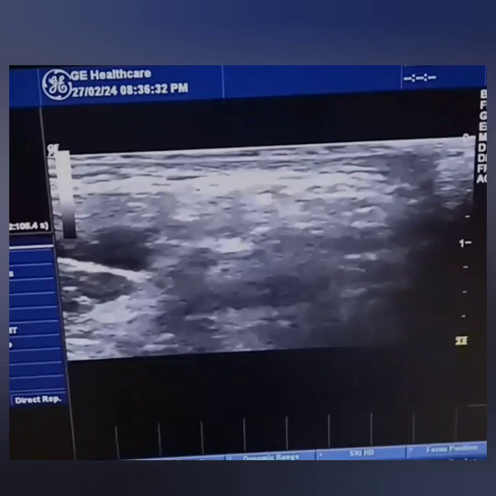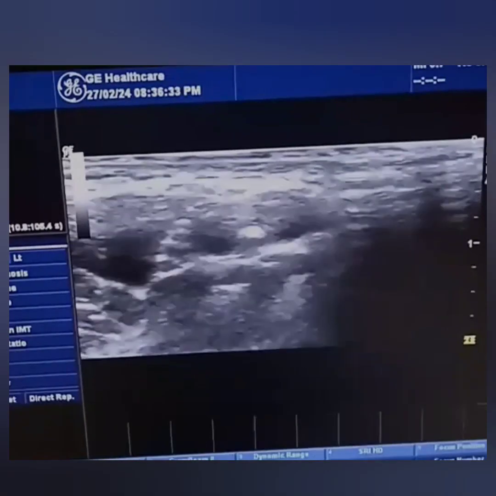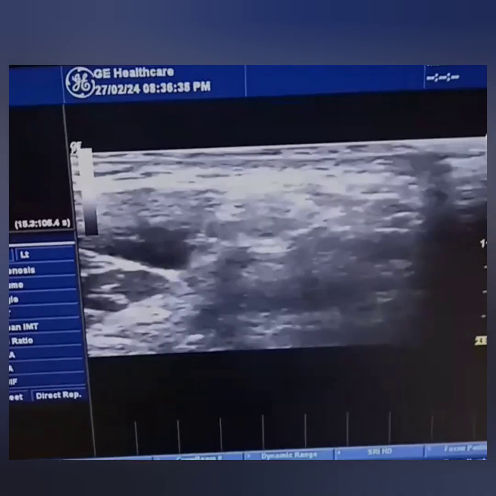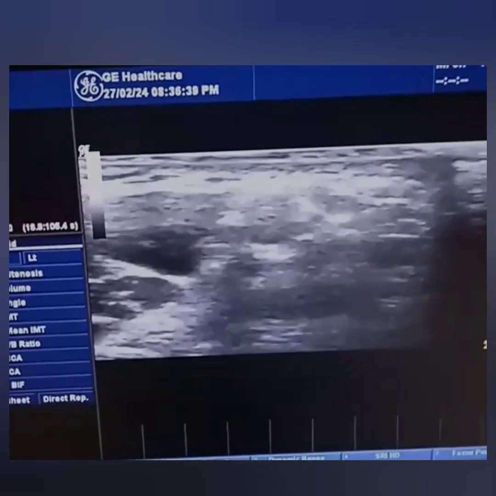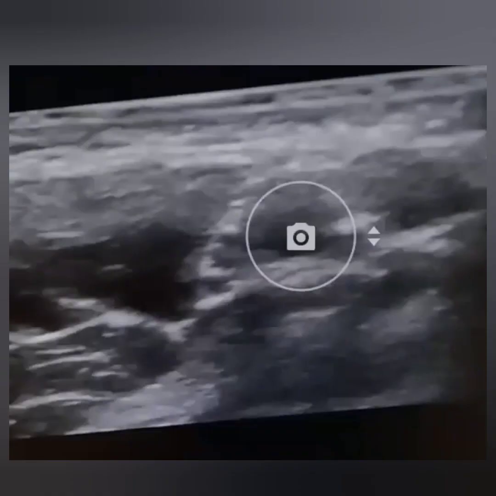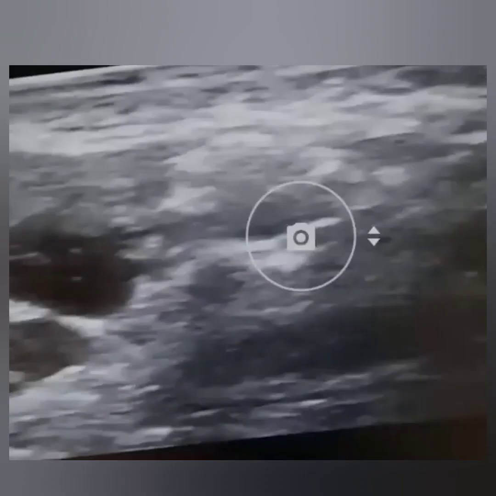This is the axillary artery, the axillary vein. The artery is the round structure that does not vanish even on applying pressure. And this is the vein, the compressing one. We have already confirmed it with the color flow.